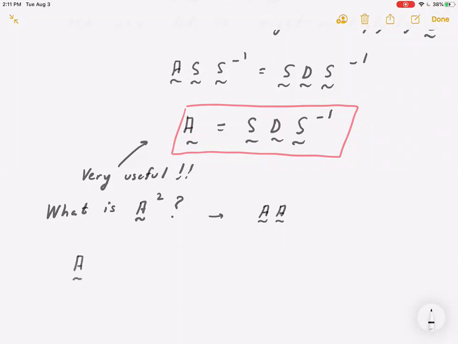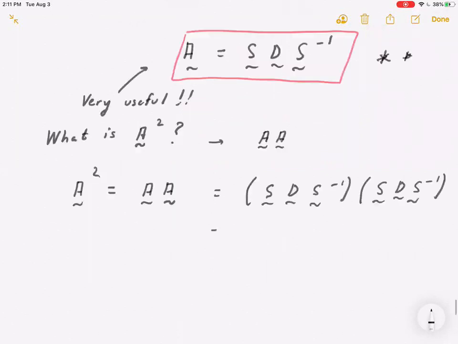So for this simple example, I'm now in a position to figure out what I mean when I say that I take the matrix A and square it. What I mean is I take A and multiply it by itself. Well, using this expression, I know what A is. It's just this inside the parentheses times itself. Again, repeat the same thing in parentheses.